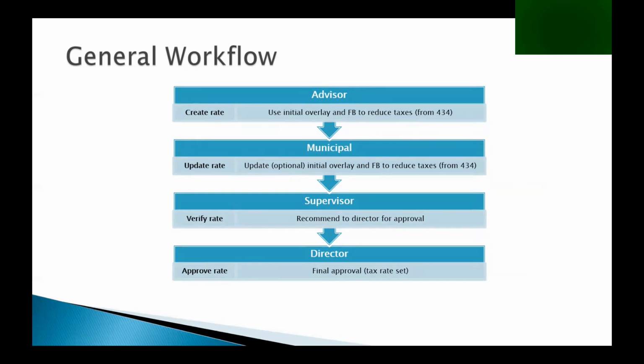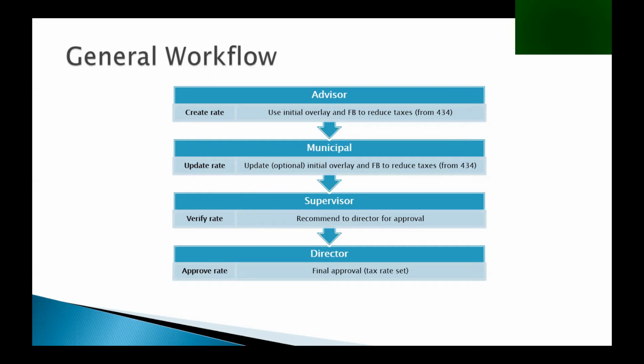They're going to use that to create a draft rate and submit it back to you, the municipalities. You're going to have the opportunity to go in and adjust the overlay amount, adjust the fund balance to reduce taxes, and so on. You'll review the rest of the rate, so it's really just those two inputs for you, and you'll be submitting it back to the DRA.